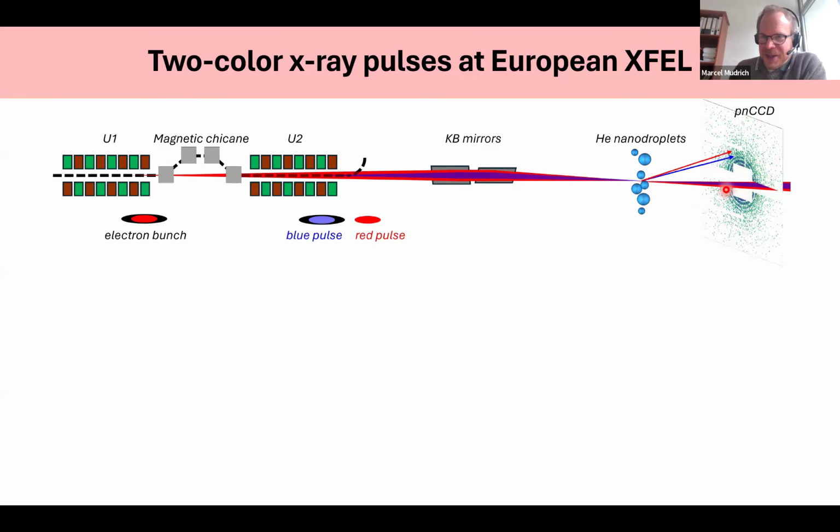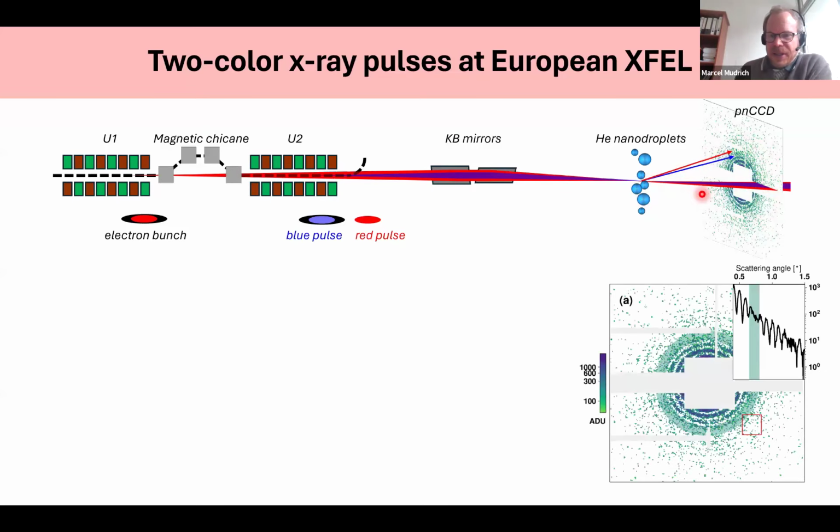So there needs to be a gap in the middle of the CCD camera. But we're not interested in the central part of the beam. What we are interested in is detecting the light that is scattered off the helium droplets.